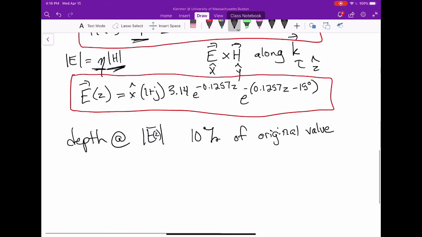The only thing that is changing the electric field amplitude with position is this attenuation term right here. At z equals 0, the electric field has amplitude, whatever this amplitude is, magnitude of 1 plus j times 3.14. I guess that would be roughly pi root 2.